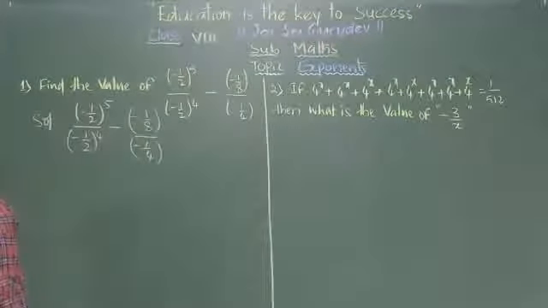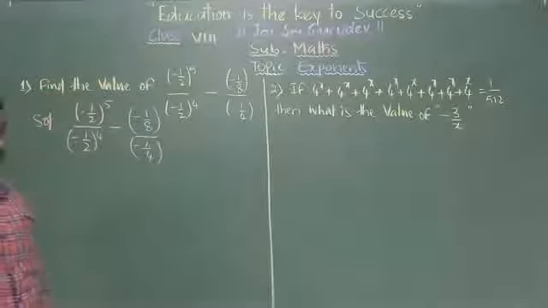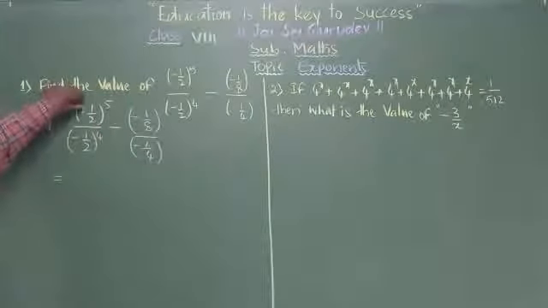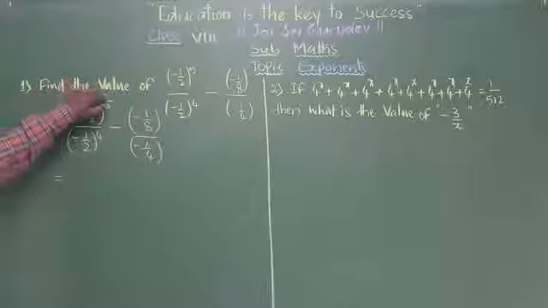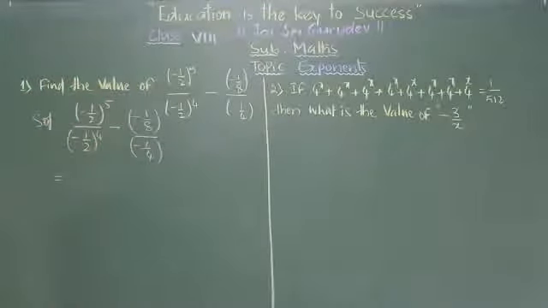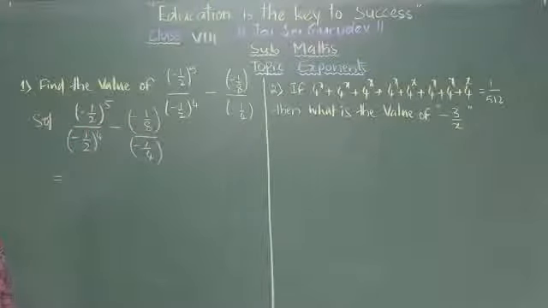Understand? Now the next step is that the powers have to be evaluated. When the power on a negative number is an odd number, we get a negative value.